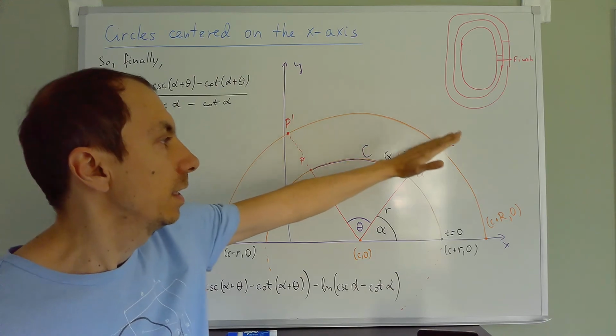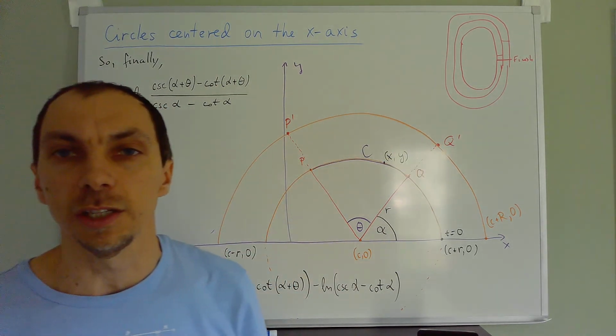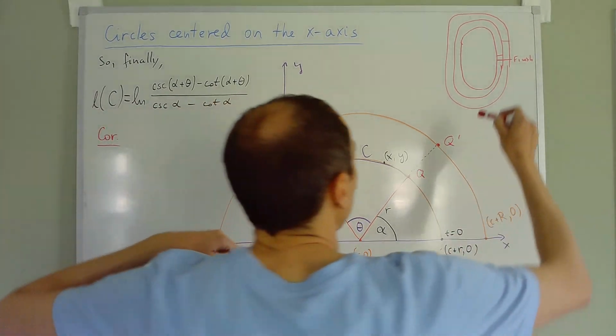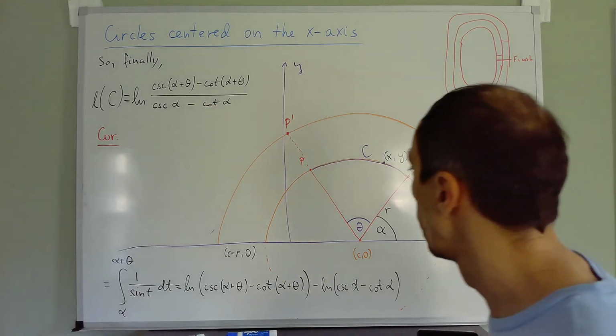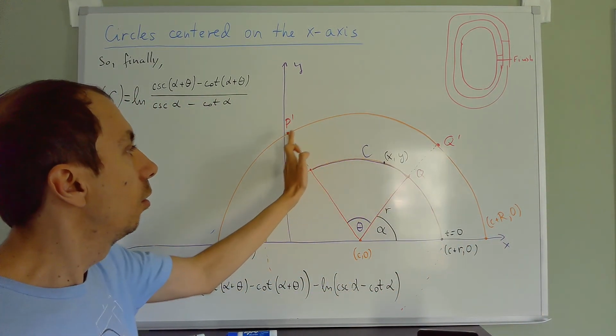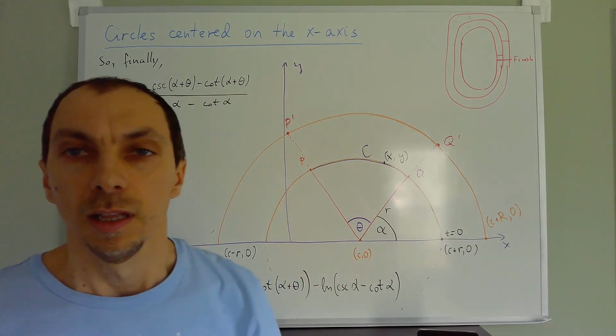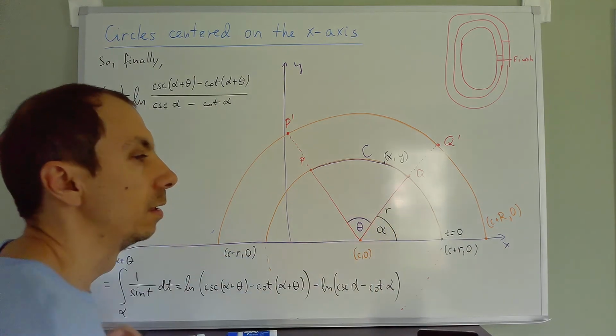So this is like, without any effort, designing a stadium where both of these runners start and end at the same point. So which of the tracks is longer, this one or that one? Well, if you just look at it, it looks like that one is longer than that one.